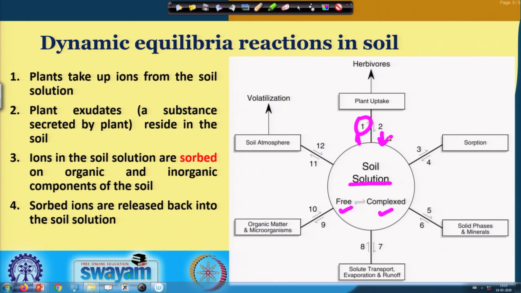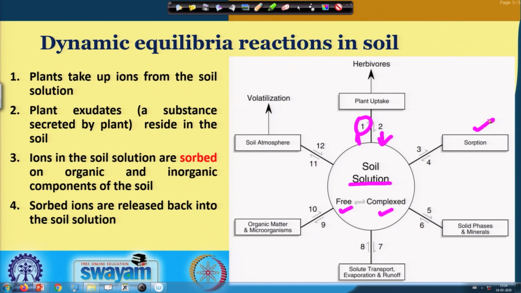Third is ions can move from the soil solution and be sorbed on the organic and inorganic components of the soil. Sorb means there are two types of sorption, either adsorption or absorption. Absorption is an internal phenomenon, however, adsorption is a surface phenomenon.